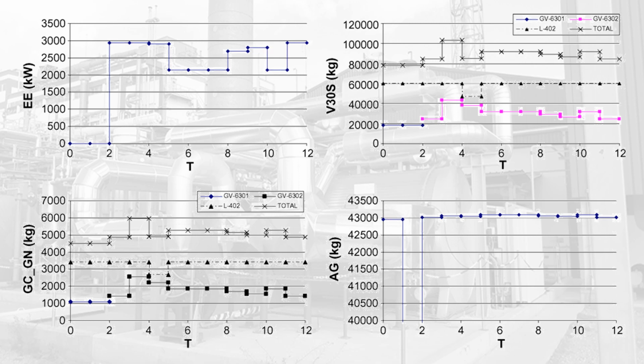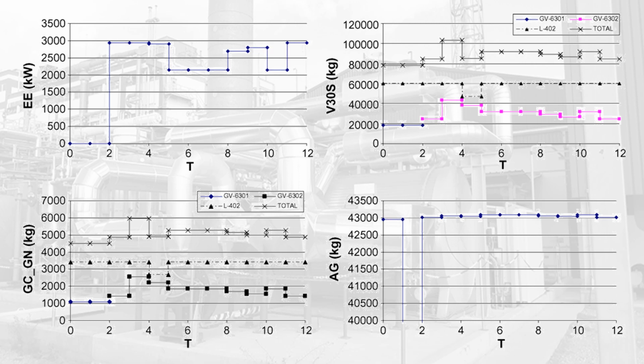Finally, the last case study presented consists of a problem with 12 periods. For the first time periods, the data are the same as the Opti4 case and from then on with variable utility demands. The optimal profiles of the main utilities, electricity, superheated steam, water, and fuel and natural gas are given.